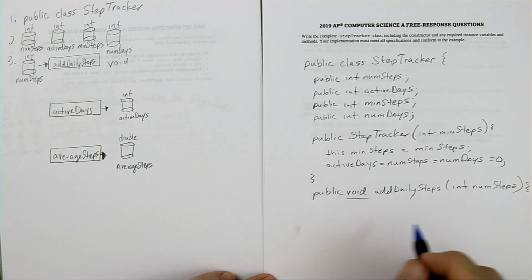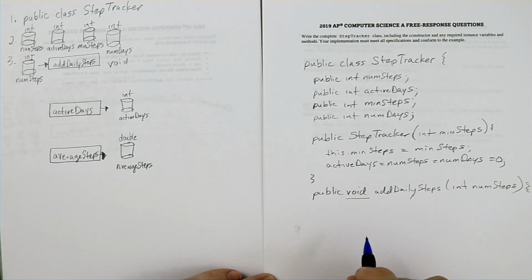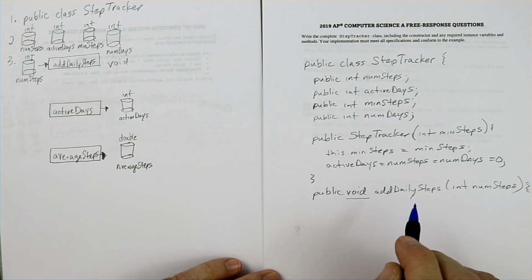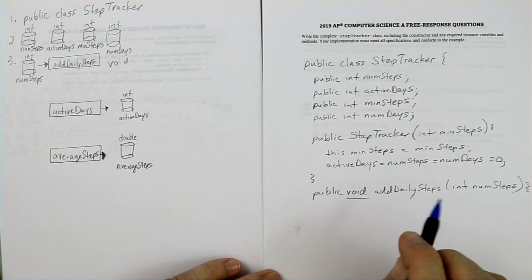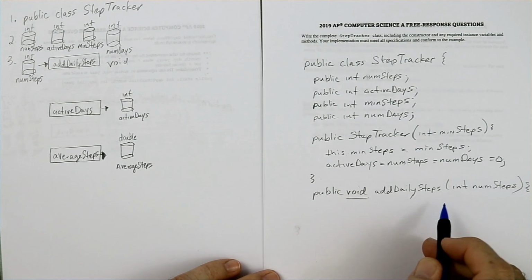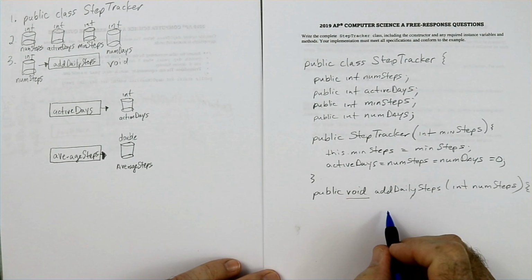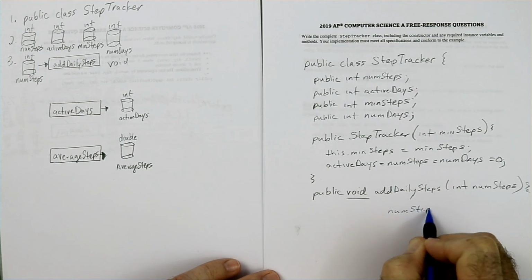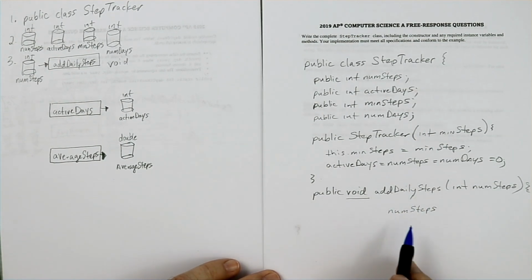Now let's open up these brackets and write this one real quick. What would I have to do to get daily steps? All I'd have to do is add the numSteps coming in. Now, how do I keep adding them?